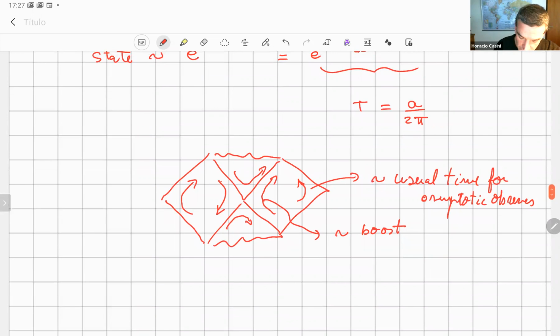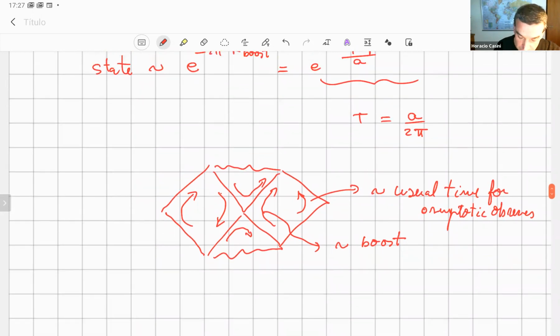So if your black hole is in thermal equilibrium at some temperature, it means that your modular Hamiltonian here is e to the minus some beta, the usual Hamiltonian, because it's time translation. And in order that this modular Hamiltonian has the right temperature, that is 2 pi, here it has to be e to the minus 2 pi, the boost operator.